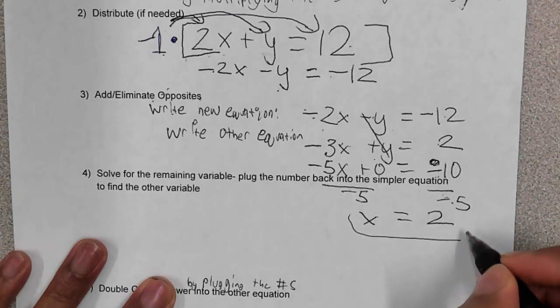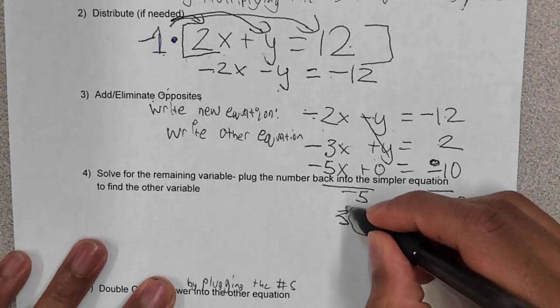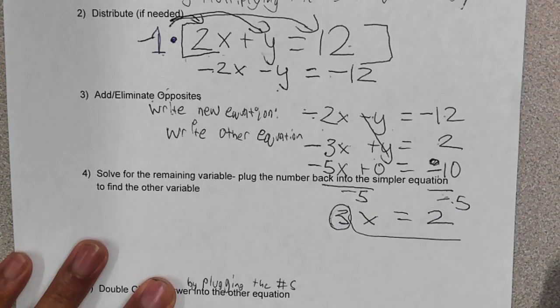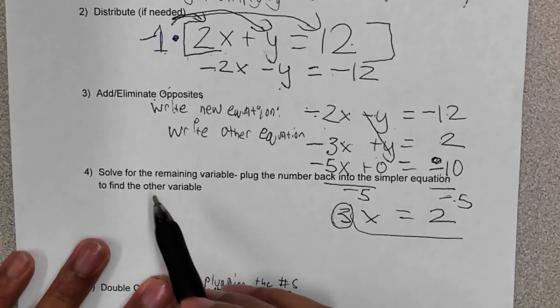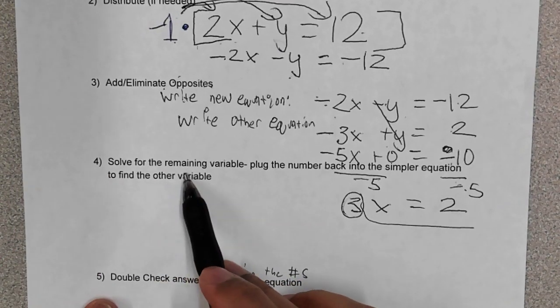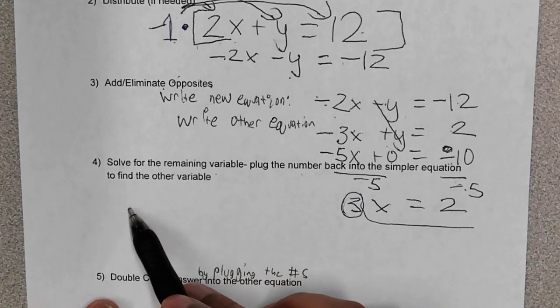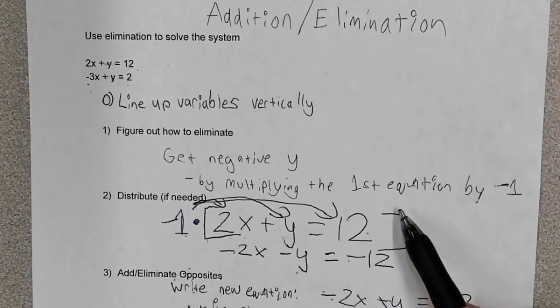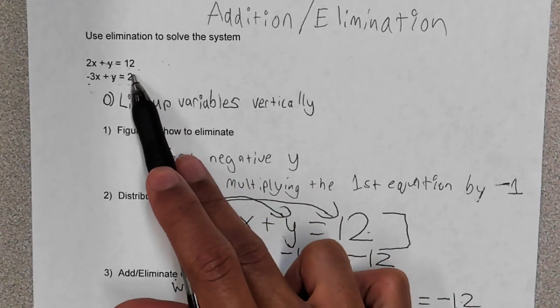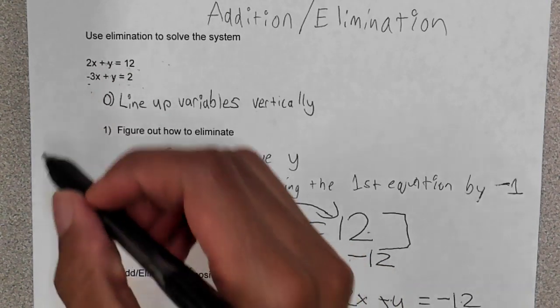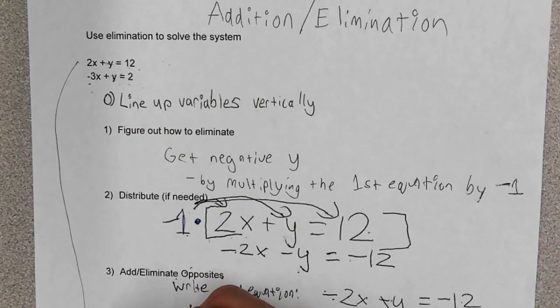So that's step number 3. X equals 2. Step number 4. Solve for the remaining variable by plugging the number back into the simpler equation to find the other variable. The other variable would be y. So here's the simpler equation, the top one. Let's rewrite that down here.